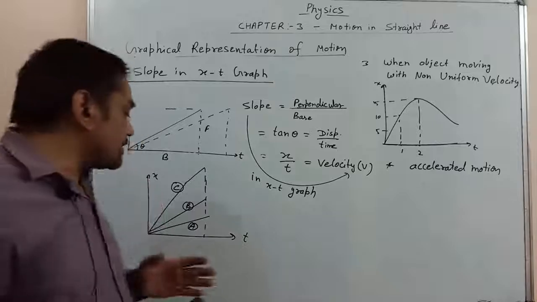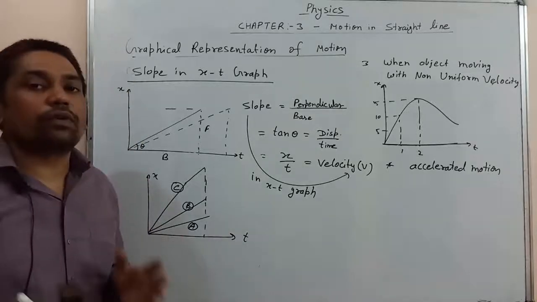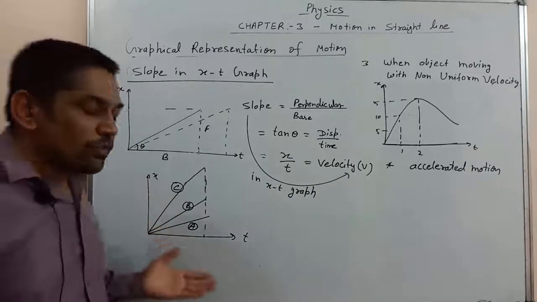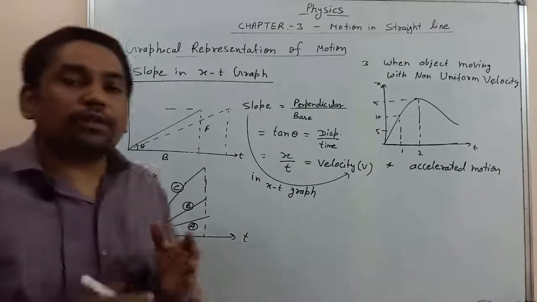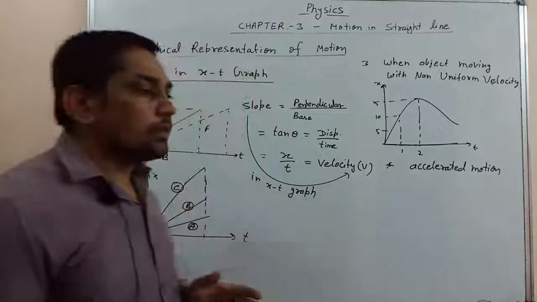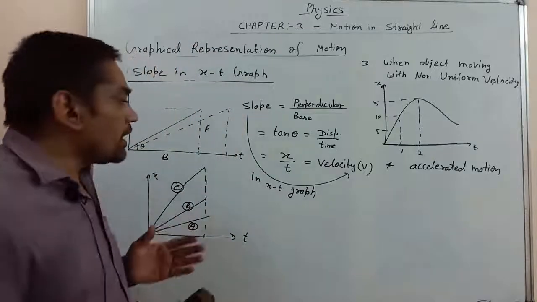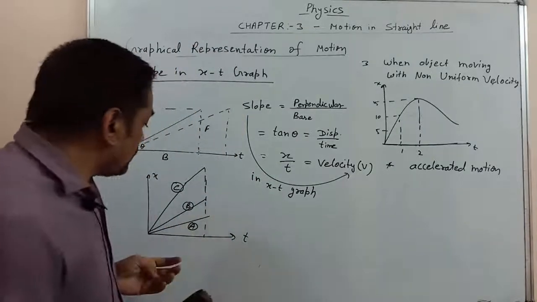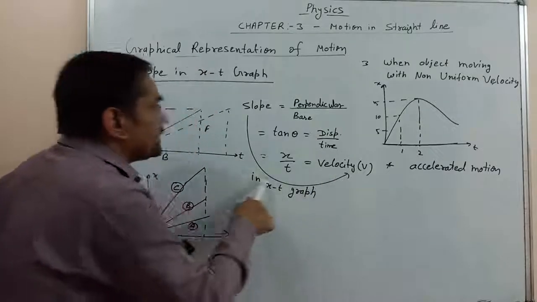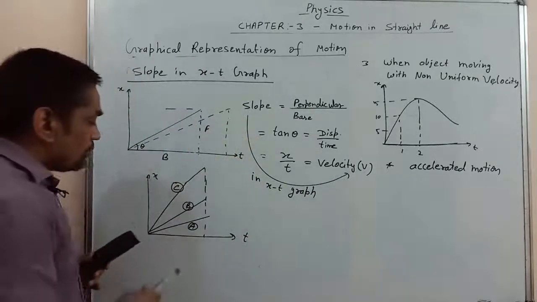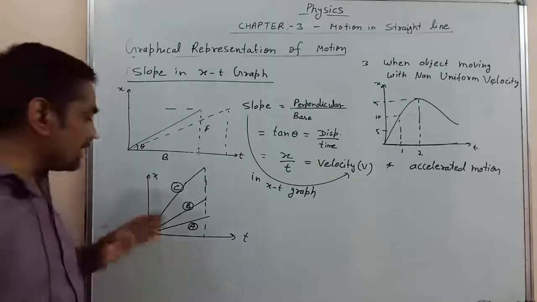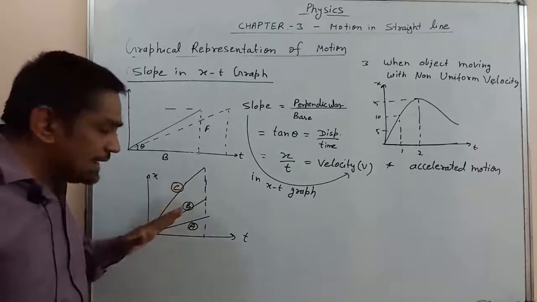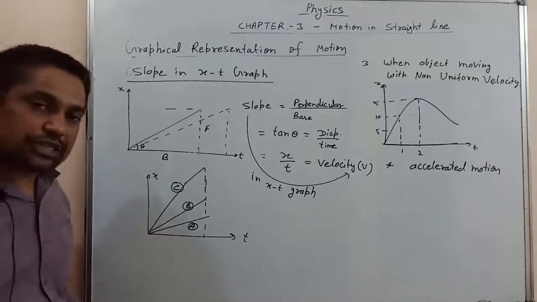The examiner asks which car is moving faster. Which car is moving fastest among the three? We can say that if the velocity is larger, the motion of the car is fast. The velocity is represented by the slope. So which slope is higher, A, B or C? We know that the slope of car C is higher in the xt graph.